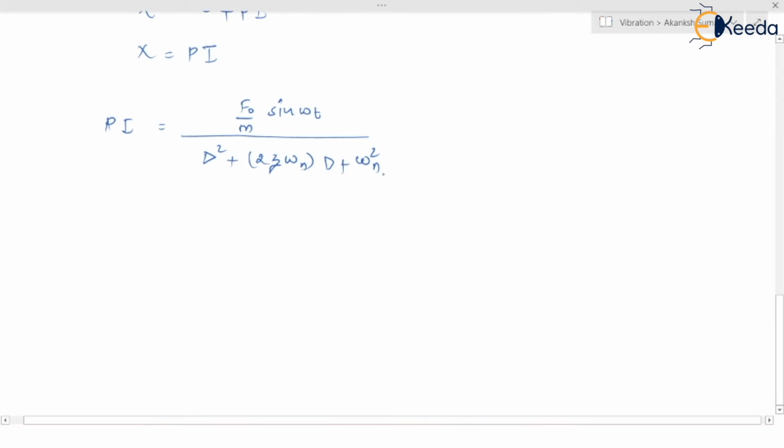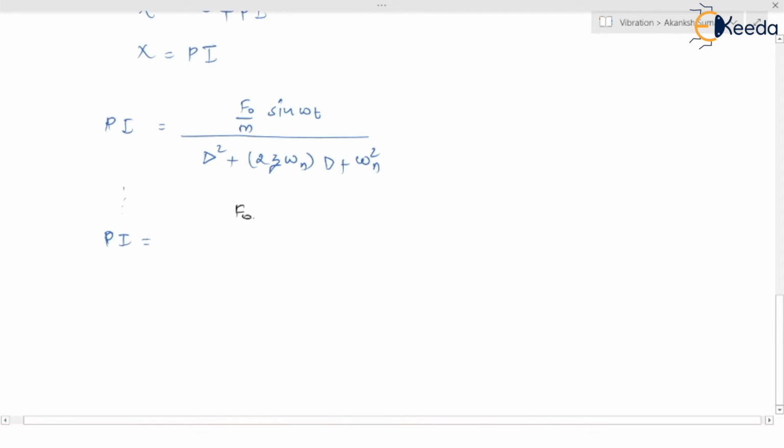This is a mathematics process you have seen in differential equations. When you solve these equations, you will get the final result. I'm just writing the final result because this is the same procedure you study in mathematics, and the procedure is not important for you, but the result is very important.